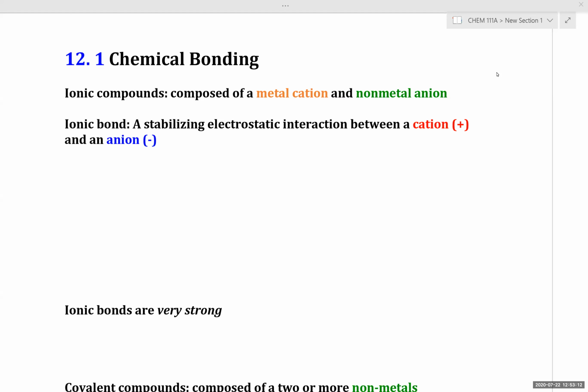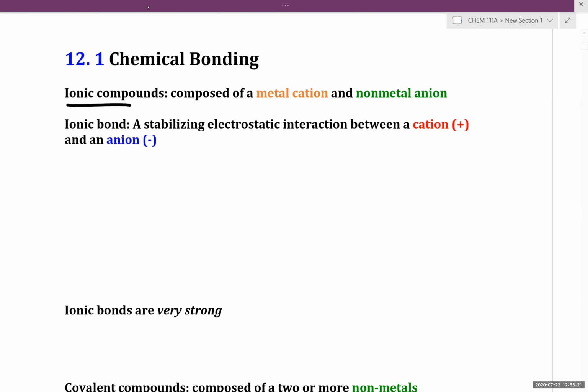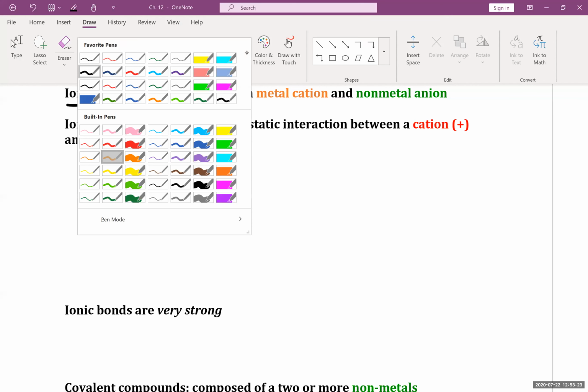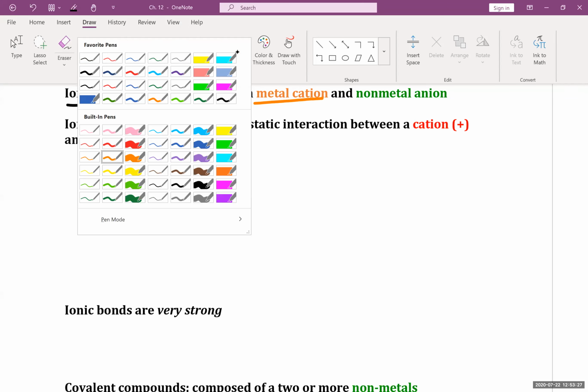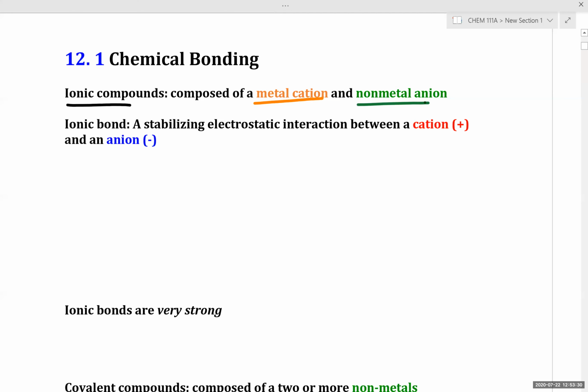We're now starting chapter 12, where we're discussing the concept of chemical bonding. Just as a refresher, ionic compounds are composed of a metal cation and a non-metal anion.